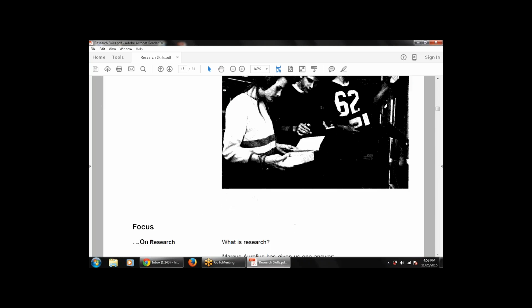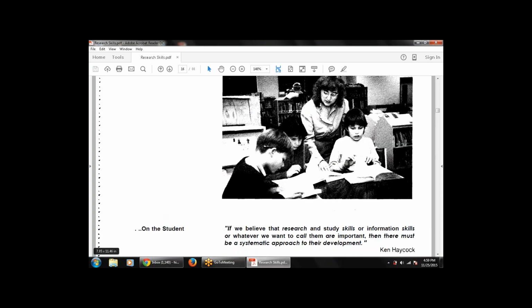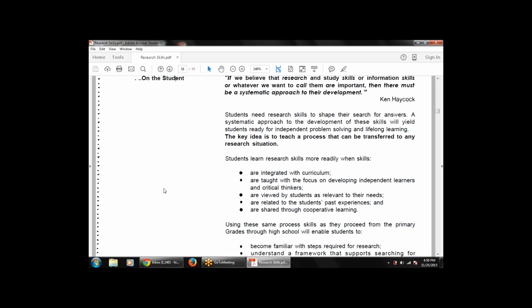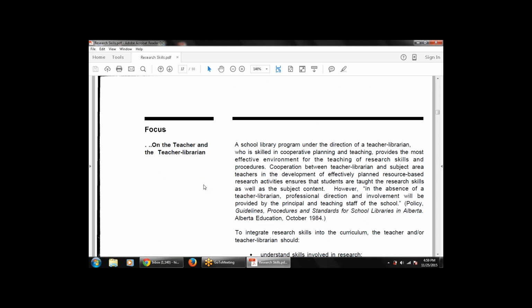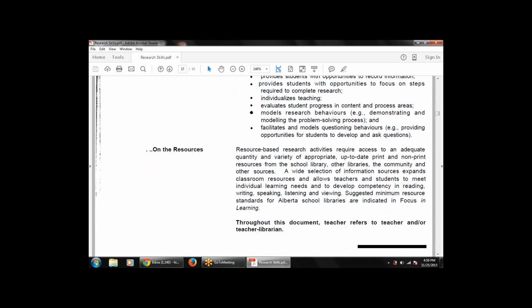This is the diagram. Then focus on the research, that is how to focus on the research. Then focus on the student. Then focus on the teacher and the teacher librarian. Then focus on the teacher as a facilitator model. Then focus on the resources.